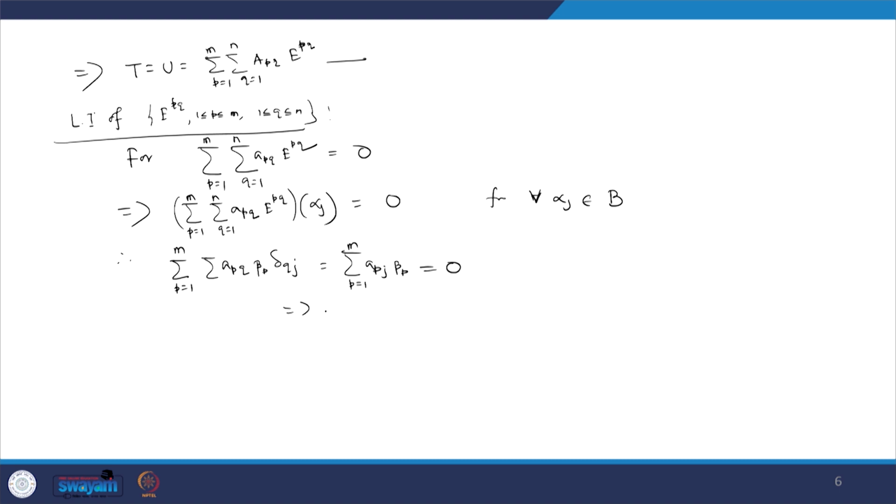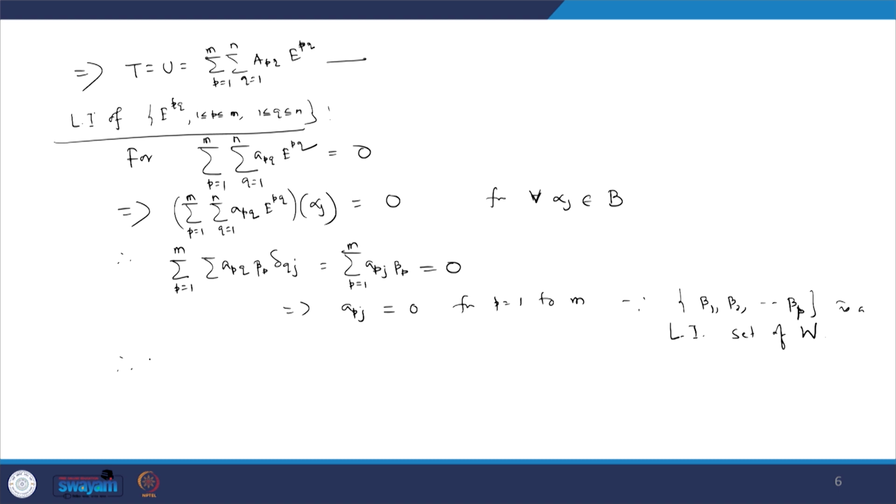This implies APJ equal to 0 for p equal to 1 to m, since beta 1, beta 2, up to beta m is a linearly independent set of W. So APJ equal to 0, and this we have seen for any arbitrary j.